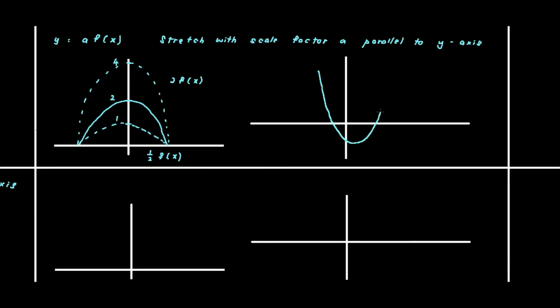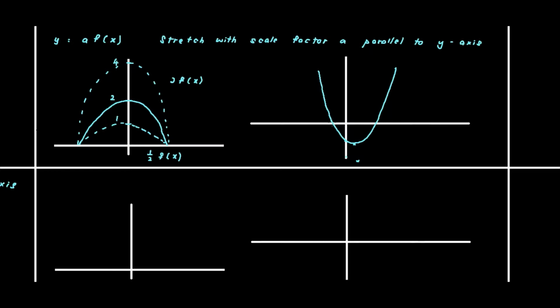So how is that going to happen if this is your original function and now you stretch it 2 times? Definitely your intersection here will be doubled up, correct? If this is -2, then this is going to be -4. Your minimum point was originally here, then it will be going lower.